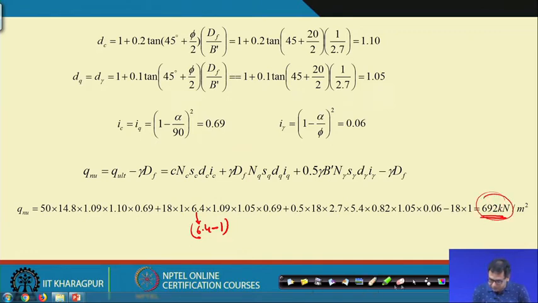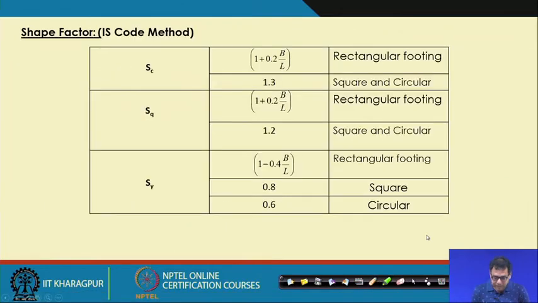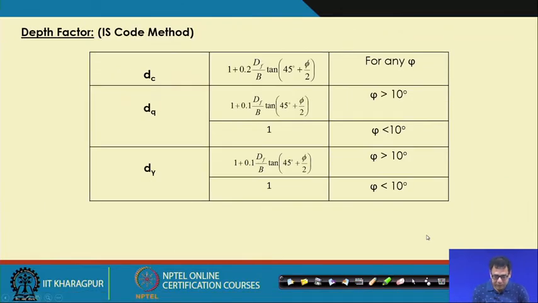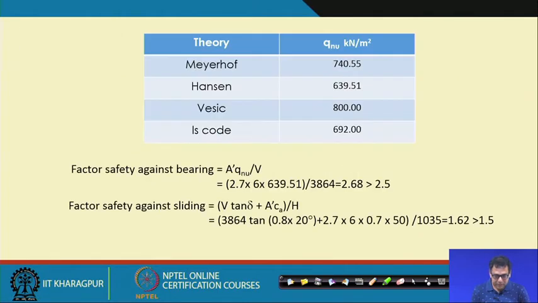Now if I take all the values in one table, this is the IS code factors. Meyerhof has given 740.55, Hansen has given 639.51, basic has given 800 kilonewton per meter square, and the IS code has given 692 kilonewton per meter square.